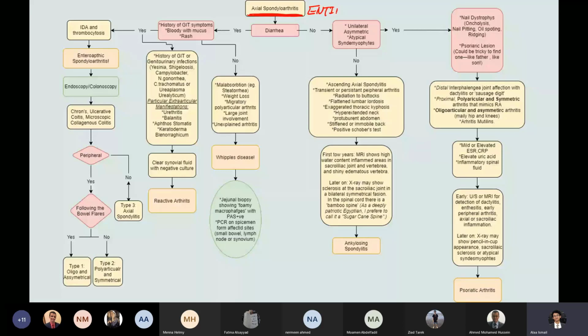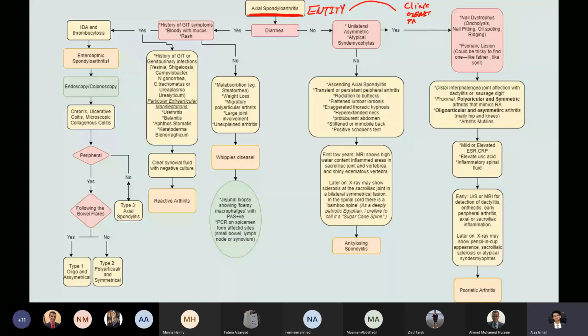And the reason for this grouping is that these diseases that fall under this umbrella share the clinical features. They also share some of the genetics, and they also share the underlying pathogenic mechanism.